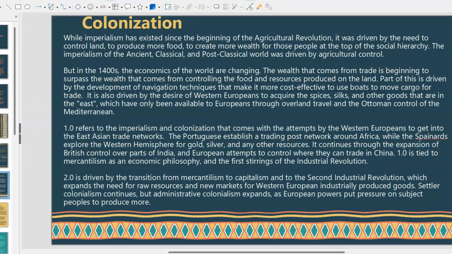2.0, however, is driven by the idea of making the people of an area do the work, but making them do it through their own control. So it's driven, as I say here, from a transition from mercantilism to capitalism, and through the Second Industrial Revolution, which expands the need for raw resources, but also for new markets.